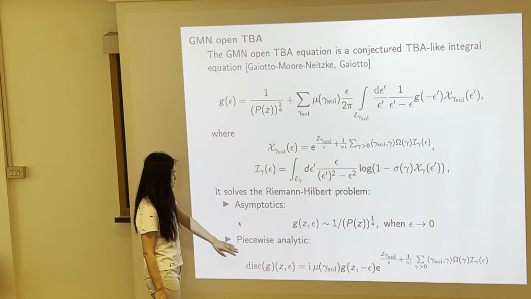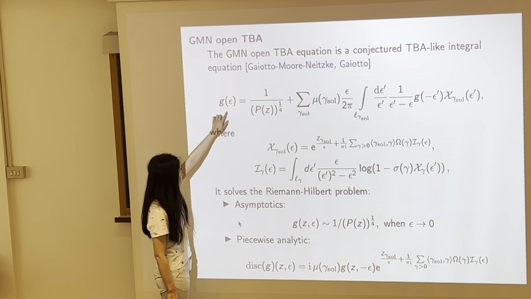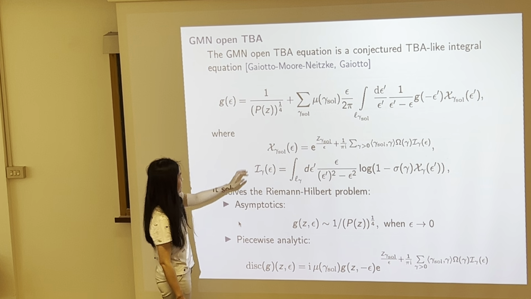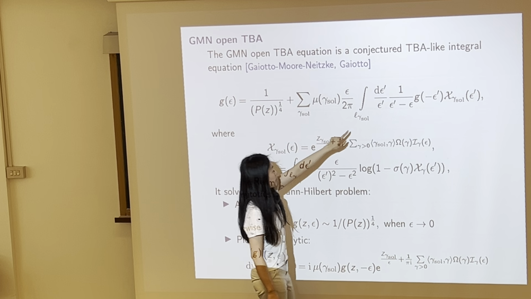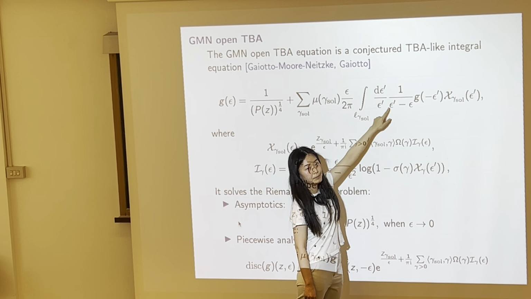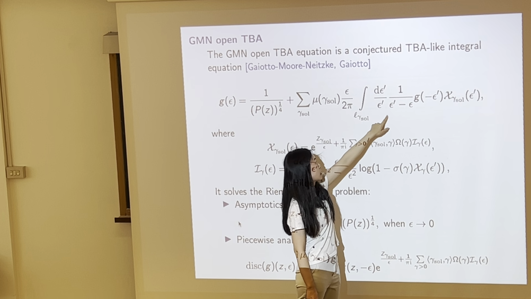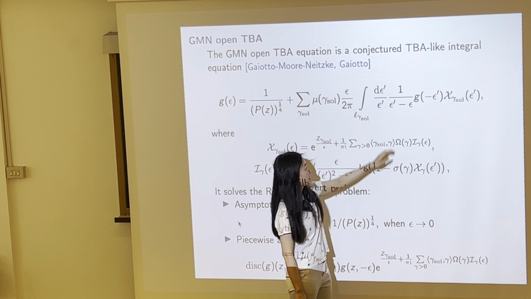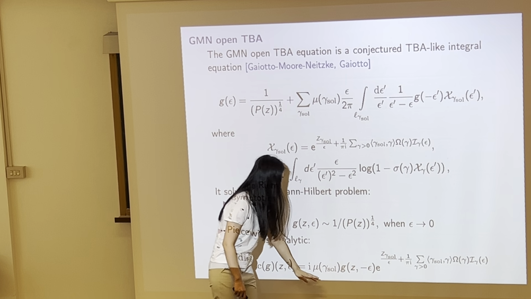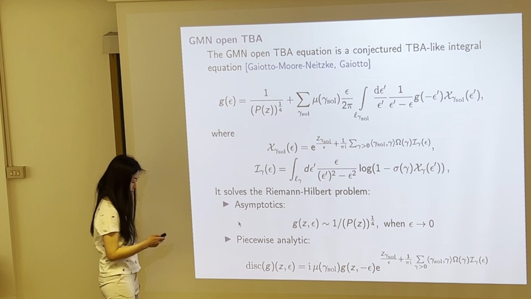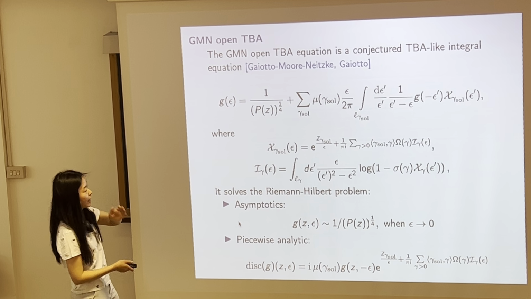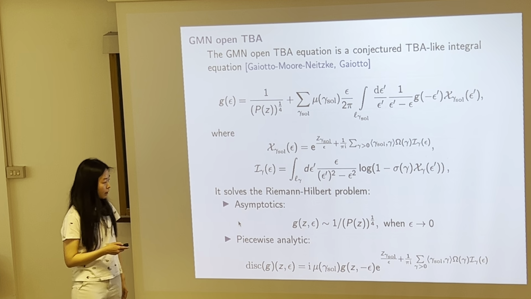And this g(ε) for this integral equation is also piecewise analytic, because as we can see, there is this ε' − ε term here. So if ε is lying on the integral contour of ε', this is a pole, and you will pick up the residue of it, which is exactly given by the expression down there as the discontinuity when you change the integral contour.